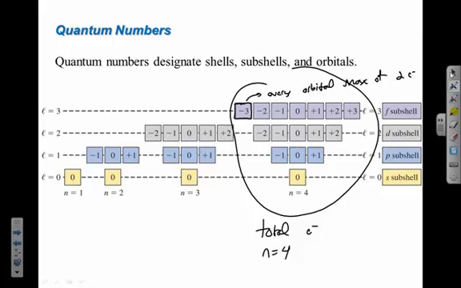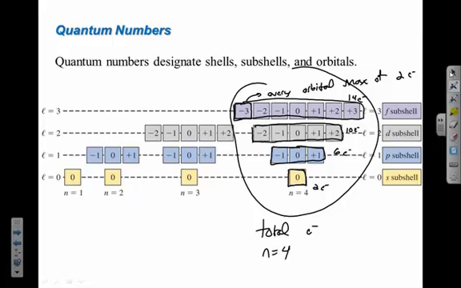In any S orbital or S subshell, I can only fit 2 electrons. In any P, since that's 3 orbitals, that's a total of 6 electrons. In any D subshell, that has 5 orbitals, I can fit up to 10 electrons. In any F subshell, that's 7 orbitals, that's up to 14 electrons. So I would just add that together, and I would get 32 electrons total in the 4th energy level.